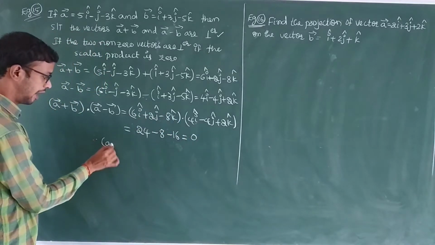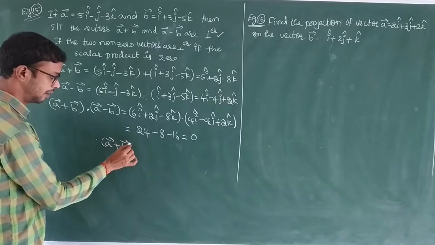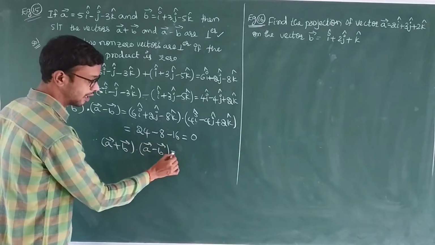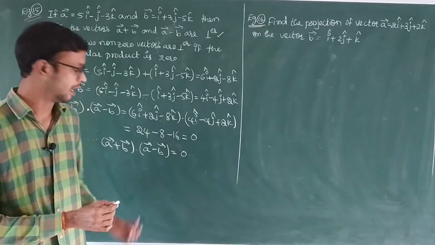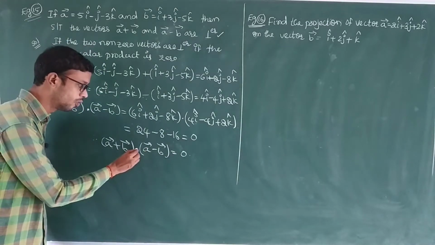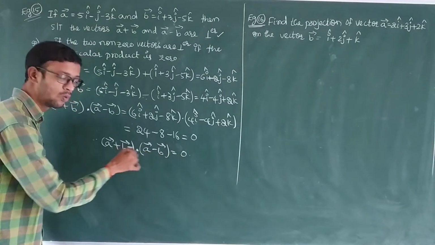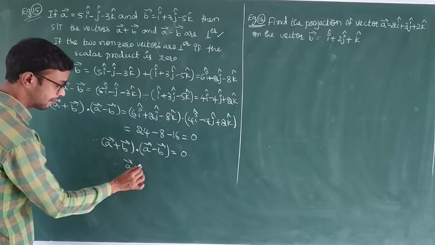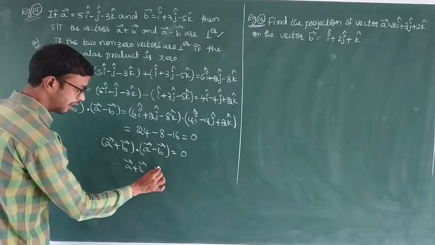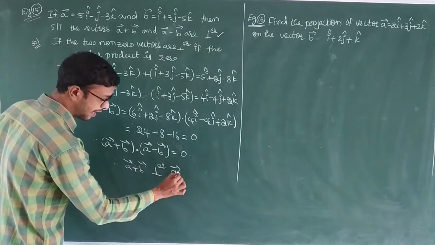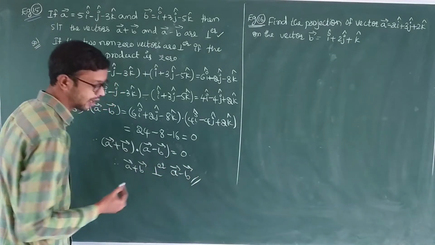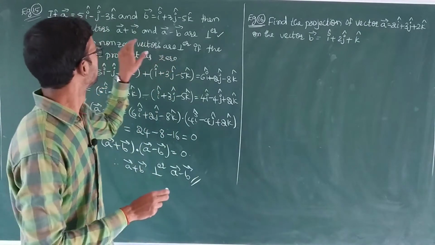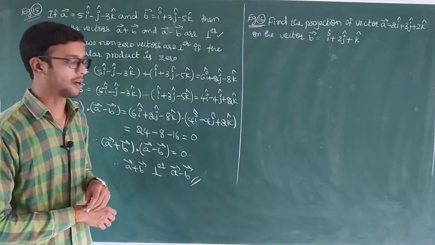Therefore, A bar plus B bar dot A bar minus B bar is equal to 0. We are getting the dot product of two vectors as 0, so the two vectors are perpendicular. Therefore, A bar plus B bar is perpendicular to A bar minus B bar vector. So this is the way to show two vectors are perpendicular.